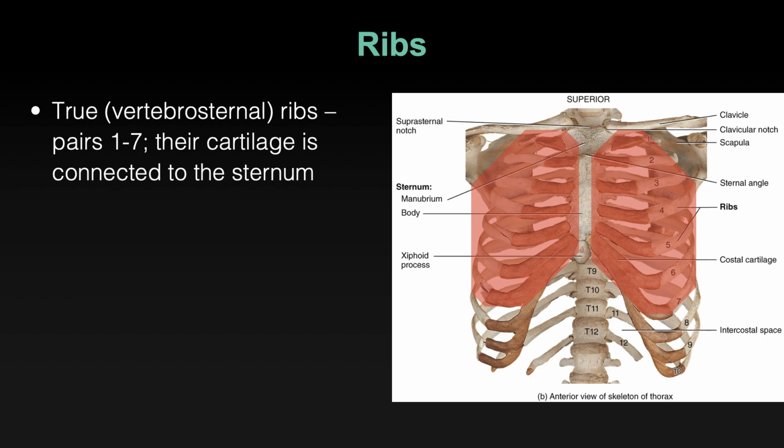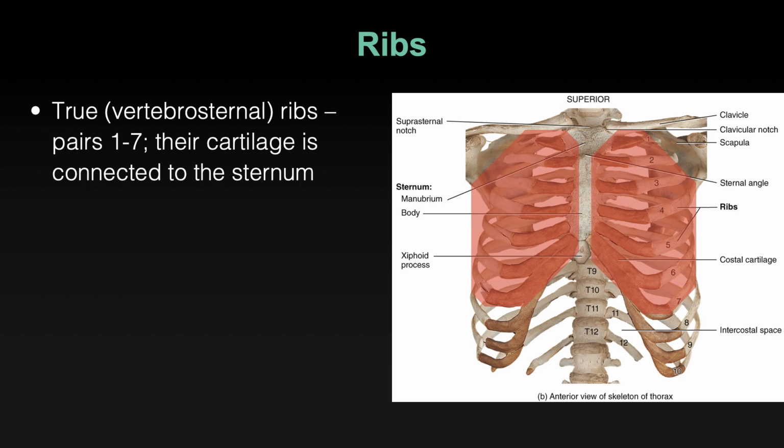True ribs will attach directly to the sternum through their costal cartilages. Costal is the prefix that refers to the ribs. The cartilage will project from the rib bones directly to the sternum.